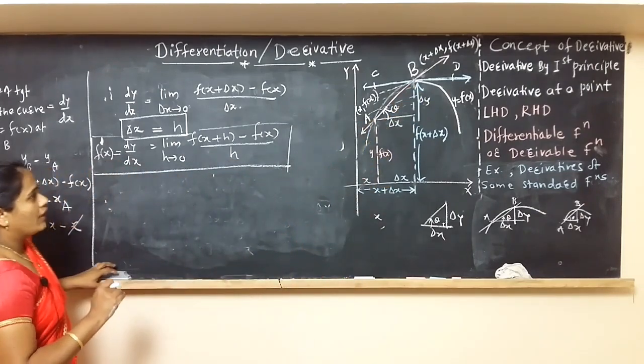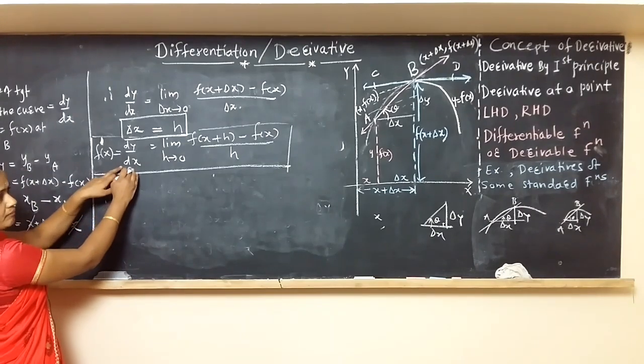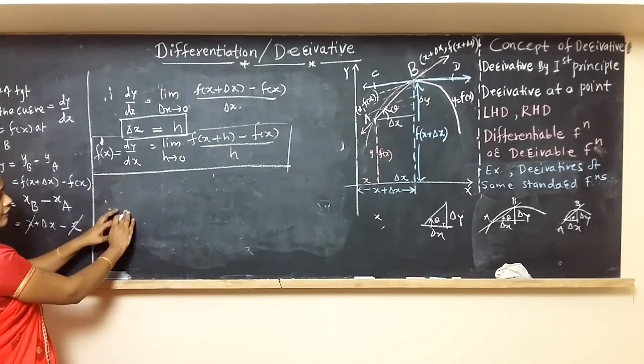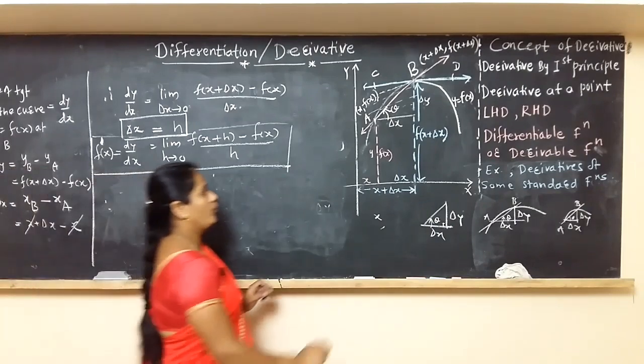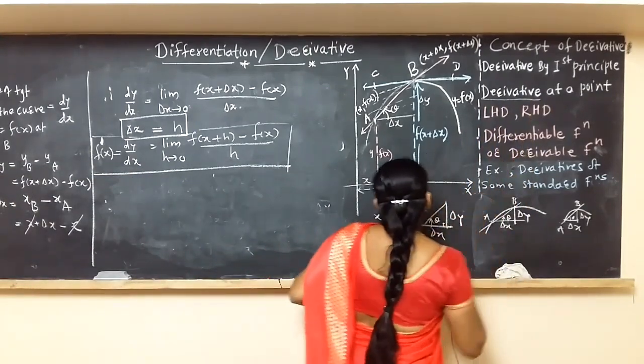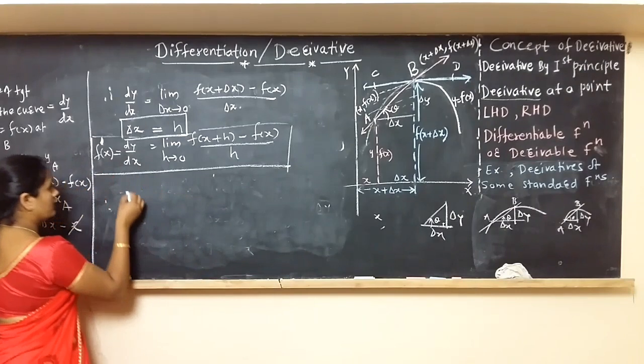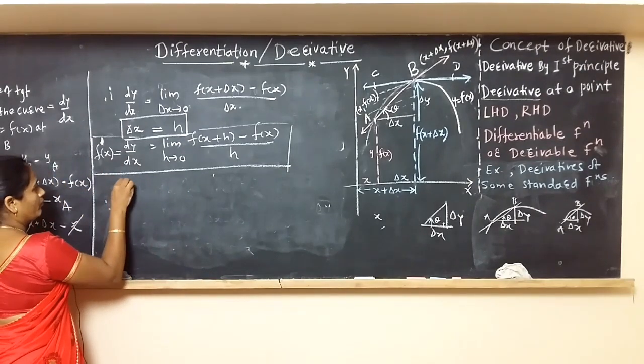Okay, so after this, from the same derivative by first principle, we define derivative at a point. So for that, I am going to take one point here.